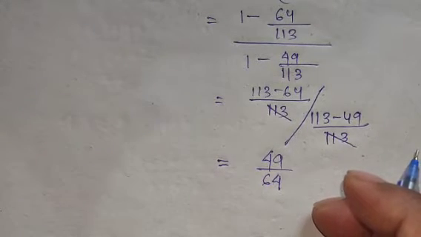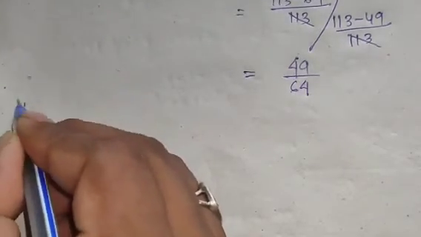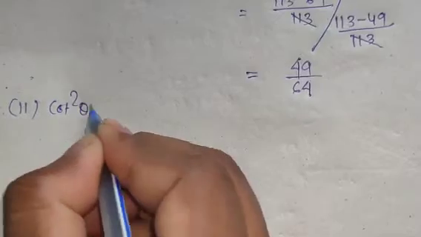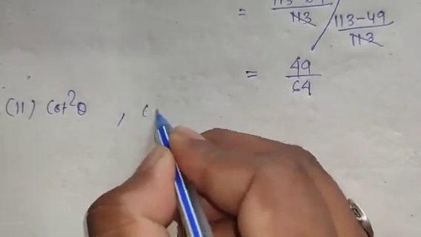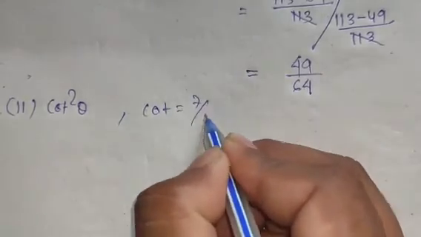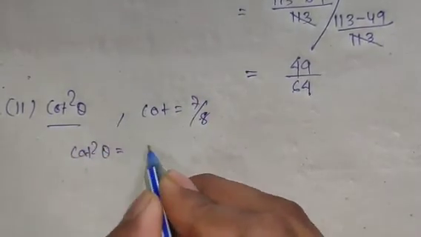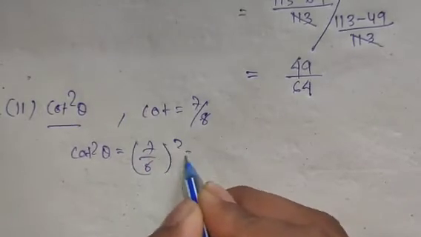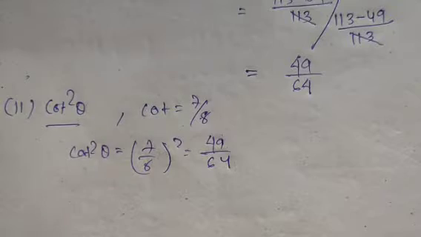Okay, we will discuss the second question. The second question was given, find cot square theta. Already it is given that cot theta is equal to 7 by 8. It's already given. Cot square theta is equal to (7 by 8) square, which is equal to 49 by 64. Okay, we will discuss the next one.